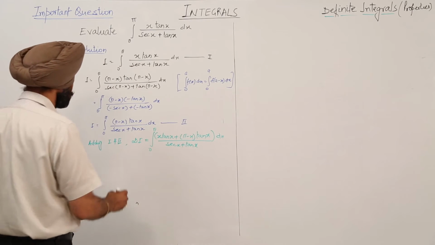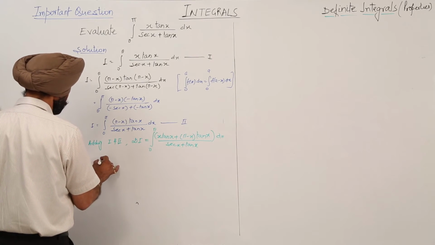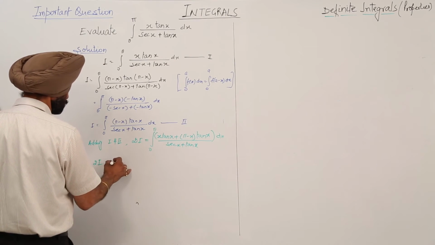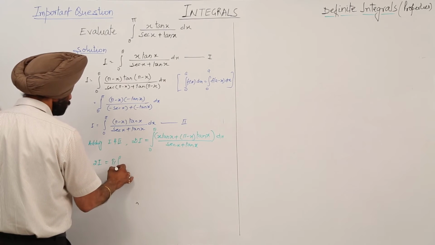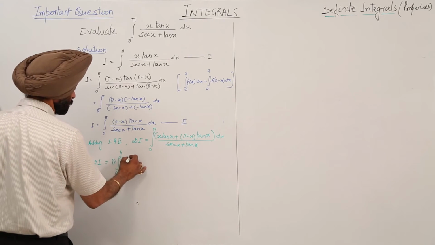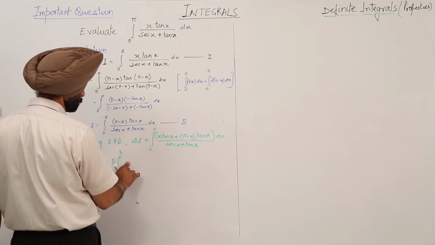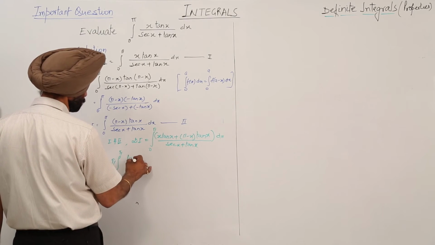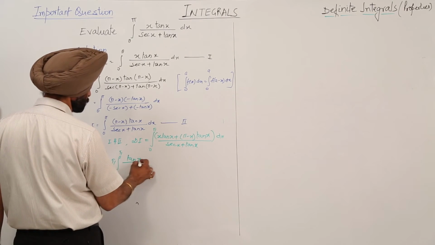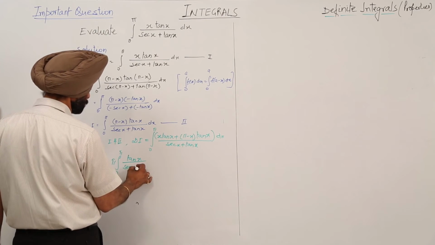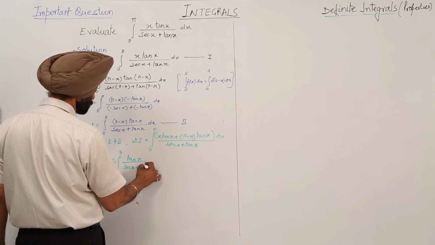Okay, now this becomes 2I is equal to pi times the integral from 0 to pi of tan x upon secant x plus tan x.